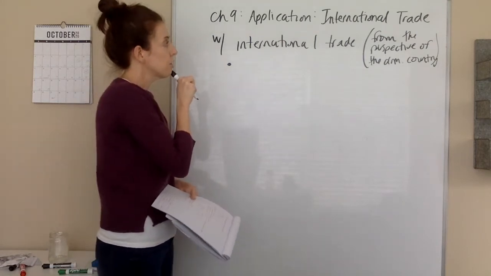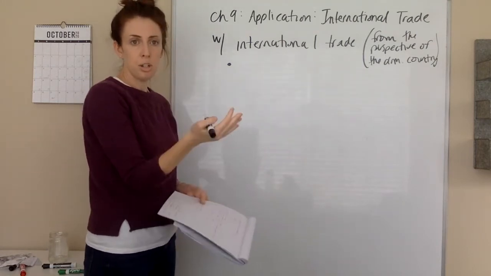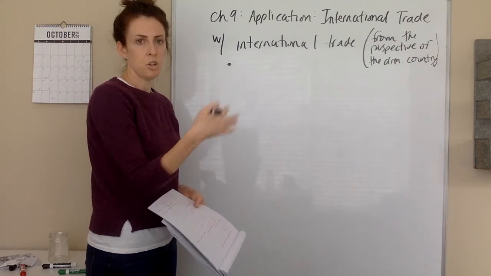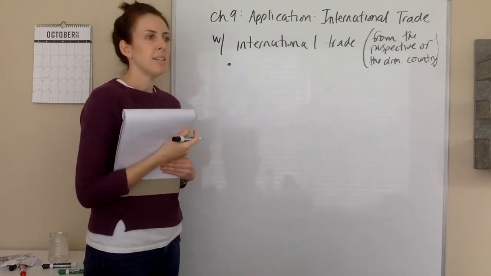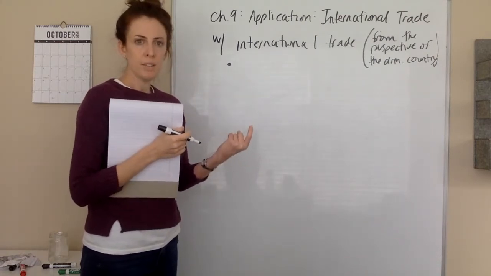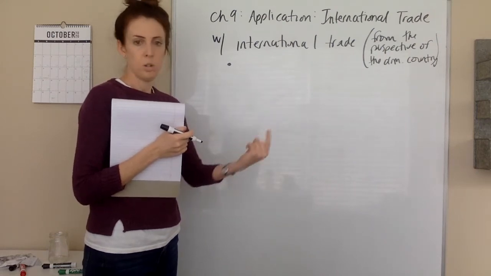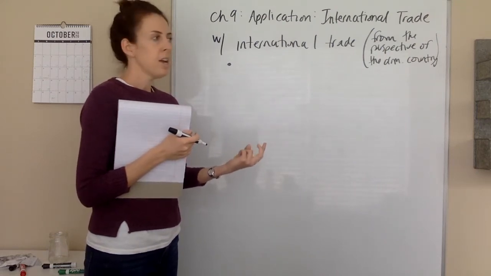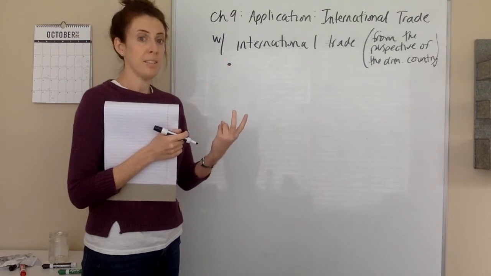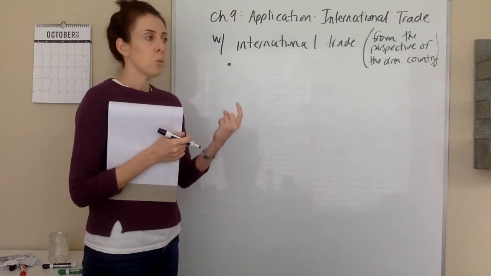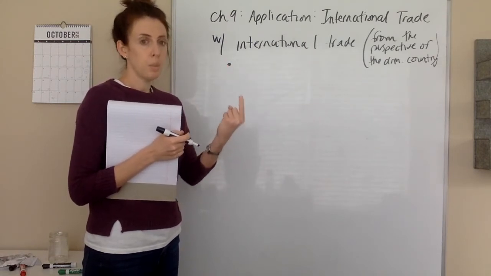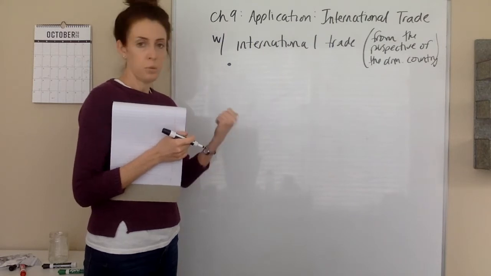Okay, so the first thing that's going to be true if this domestic country decides to trade with the world is that instead of there being one relevant price, which was previously just the one equilibrium price in the domestic country, there are now going to be two relevant prices. Price number one is the price of the good in the domestic country, which is what we just plotted.